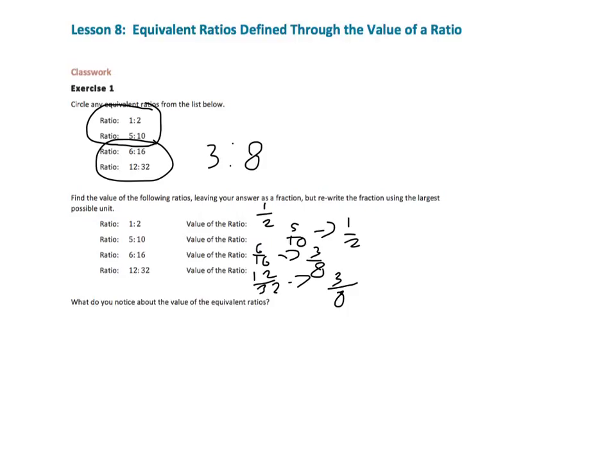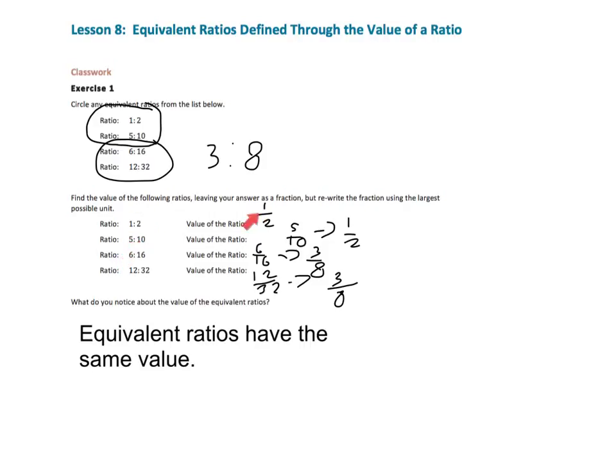Well, we notice that equivalent ratios have the same value. 1/2 and 5/10 were equivalent, and both have the value of 1/2. 6 to 16 and 12 to 32 both have a value of 3/8. So we notice that all equivalent ratios have the same value.